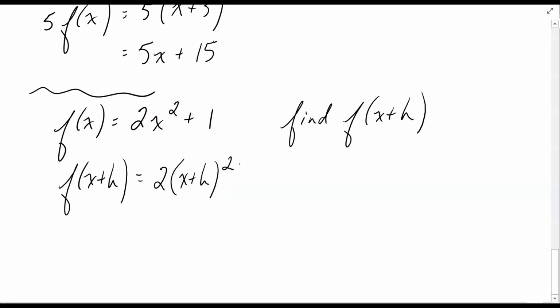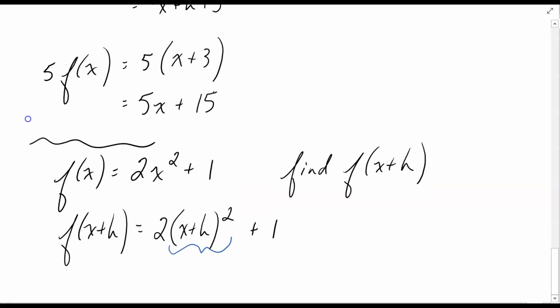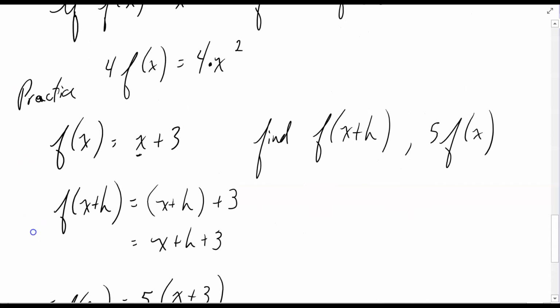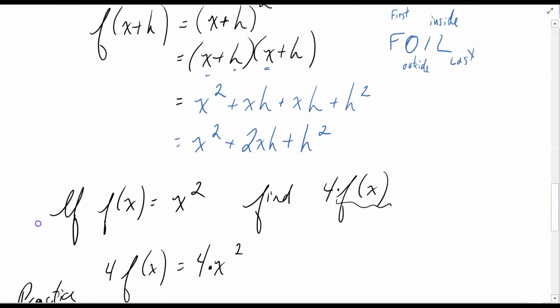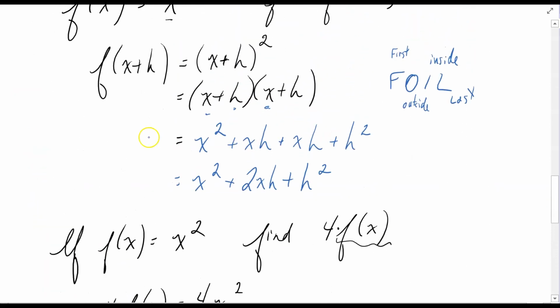So notice where I put the brackets, and we've got a plus 1 on the end. This part is common, okay? It's repeated. It's the same thing that we got up here.